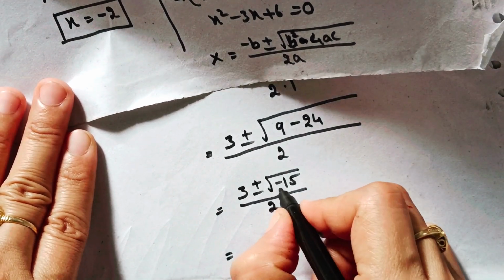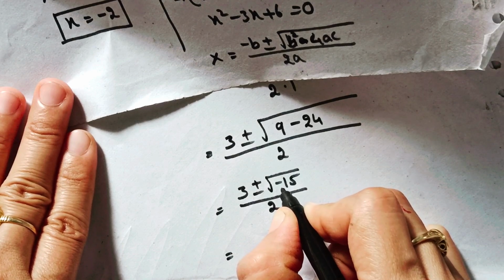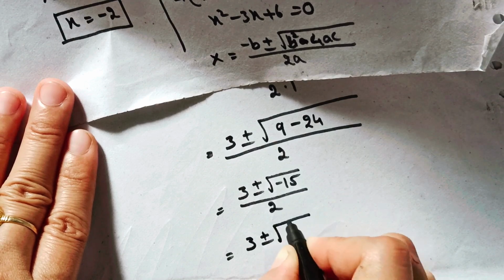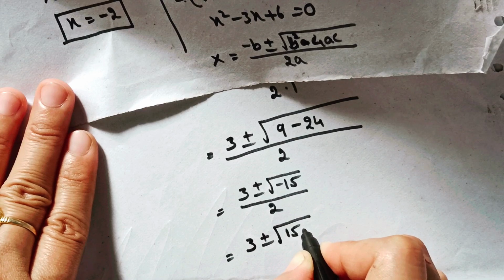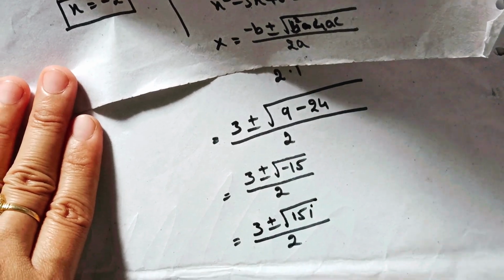So we know that under root value will never be negative. That's why 3 plus or minus square root of 15, and instead of minus we can write i here. i means imaginary number, divided by 2.